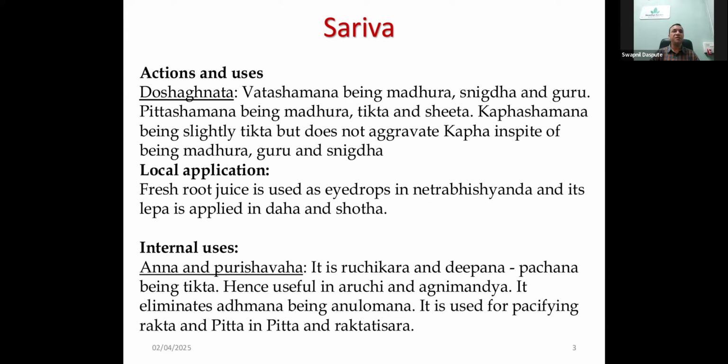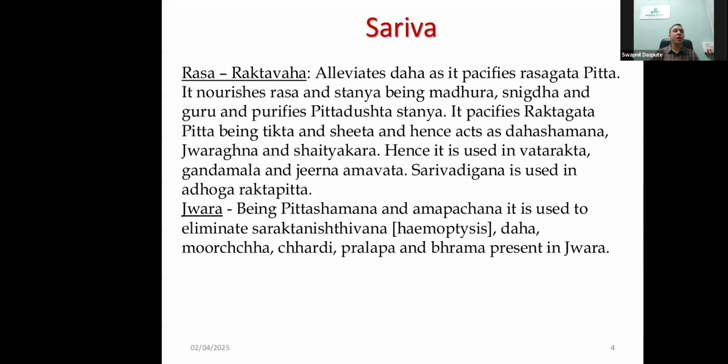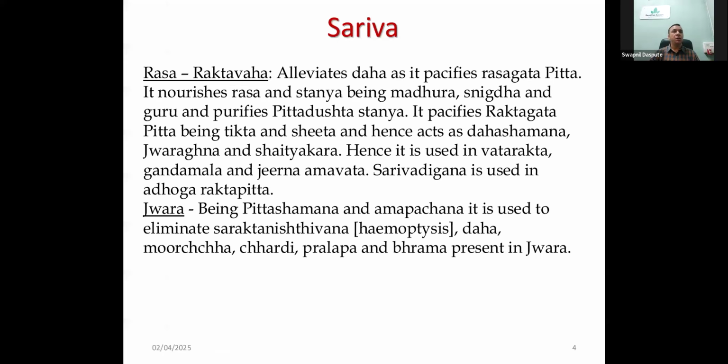It is used for pacifying Rakta and Pitta, in Pittaja Atisara and Raktaja Atisara. Sariva can be used. In Rasavaha and Raktavaha Srotas it alleviates Daha as it pacifies Rasagata Pitta. So this is the specific action of Sariva.